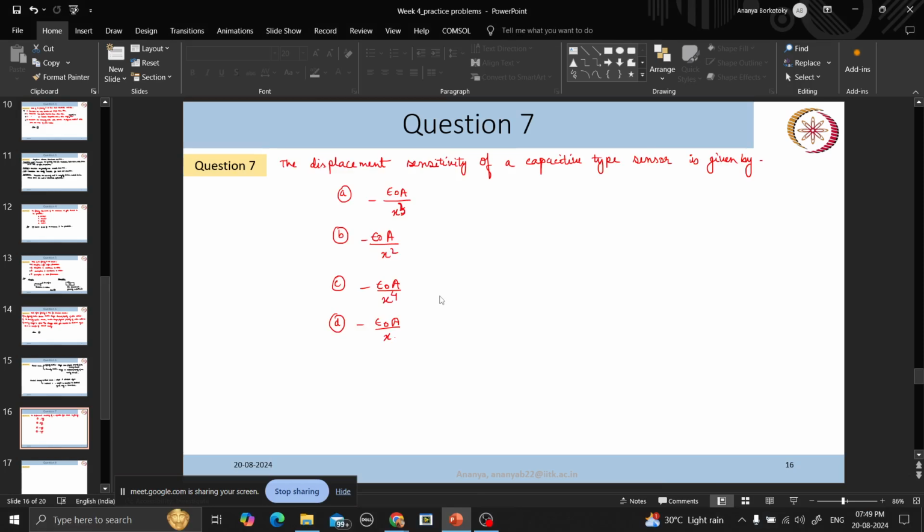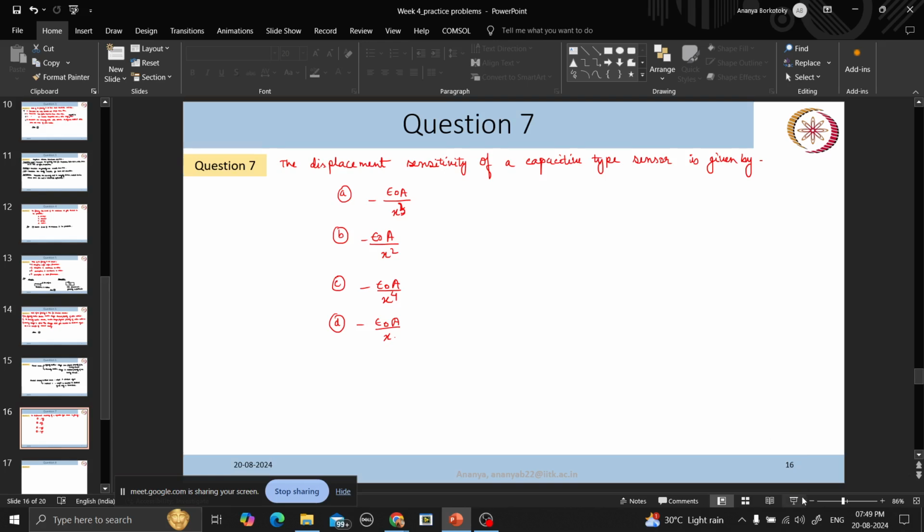So we have to calculate the displacement sensitivity of a capacitive type sensor. Displacement sensitivity means here the displacement, that is the distance between the plates, is being changed, and that is what we are measuring. So our sensitivity will be change in capacitance due to change in displacement.